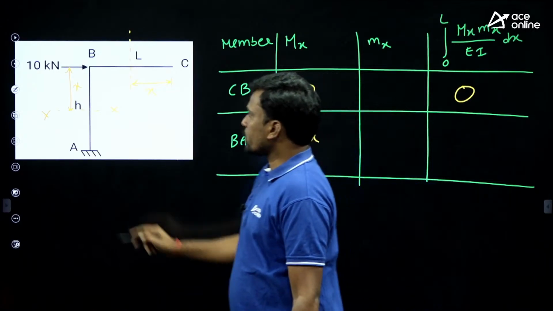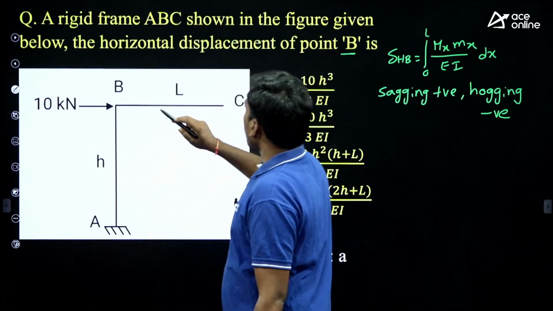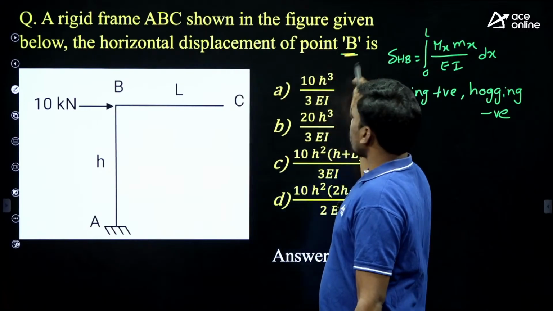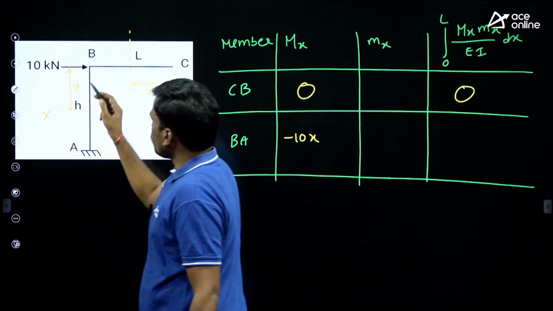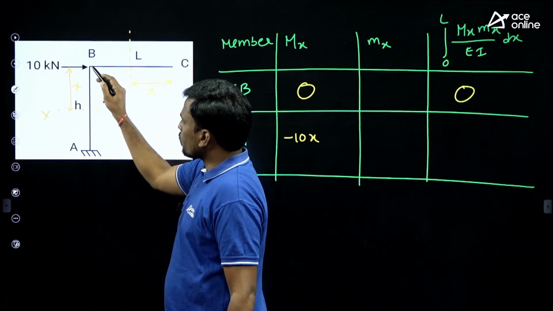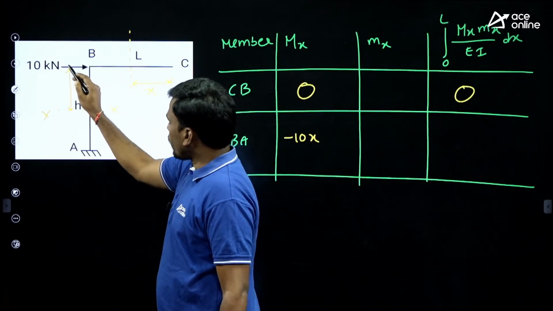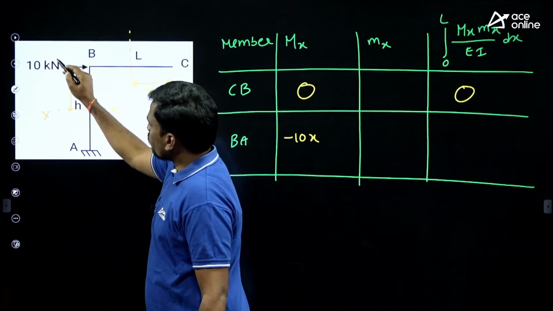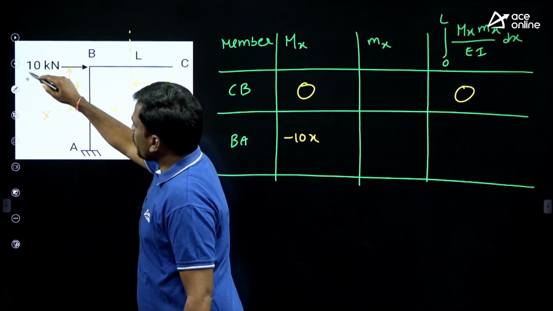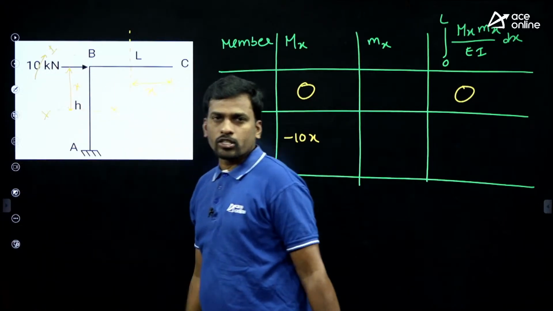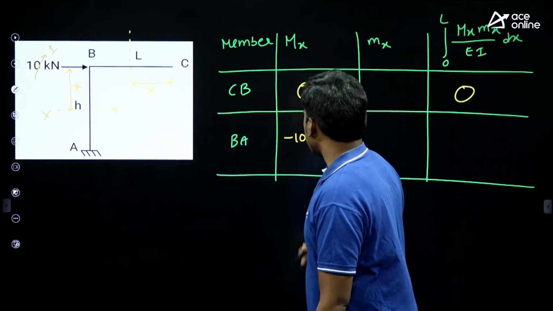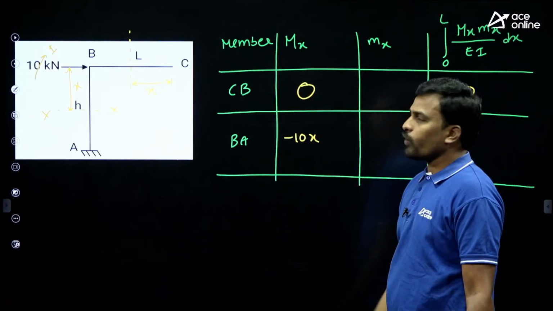And in the question he asked to find the horizontal displacement of point B only. Okay, it means to find the small mx value, remove the external load, 10 kilonewton, and in horizontal direction apply virtual unit load, right? It means in place of 10 kilonewton, we apply virtual unit load, so just in place of 10, substitute 1.